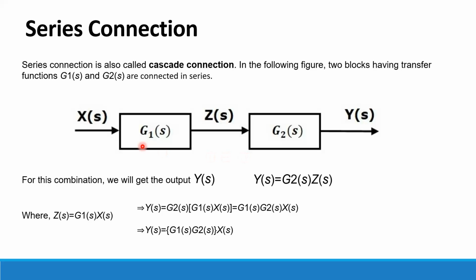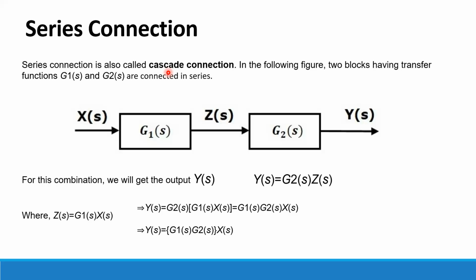You have seen a resistance and capacitance, or a resistance with another resistance in series. When the output of one element is connected to the input of another element, it is said to have a series connection. This series connection is also called a cascade connection.